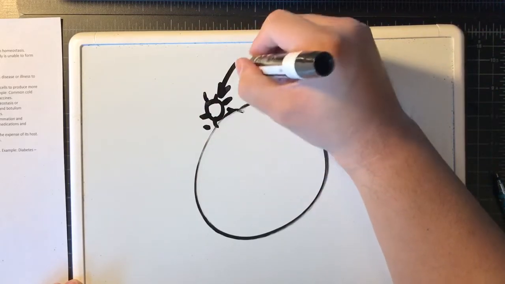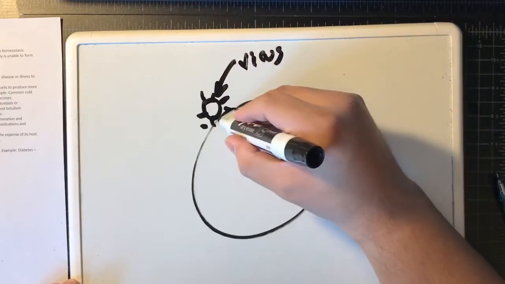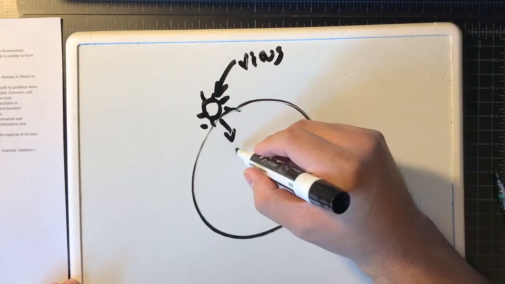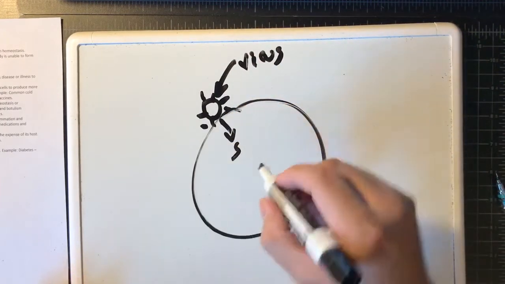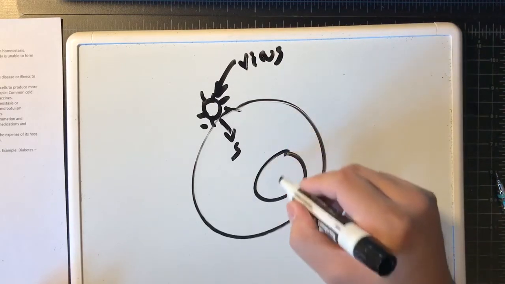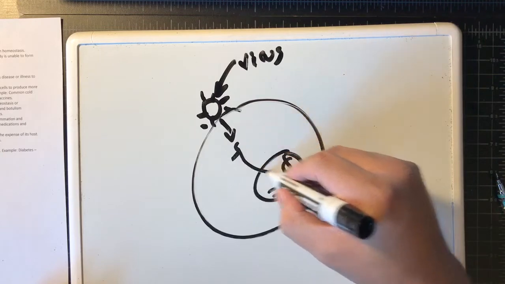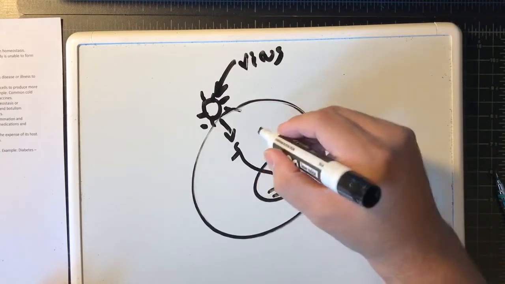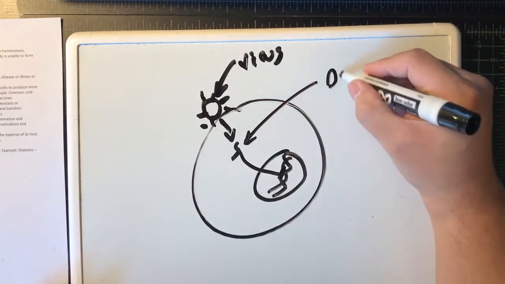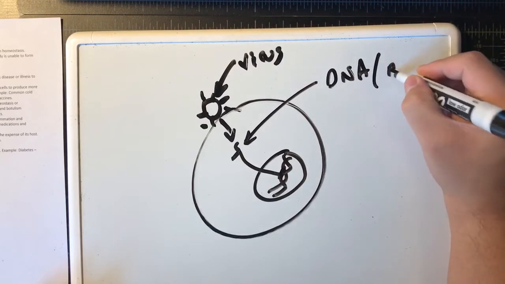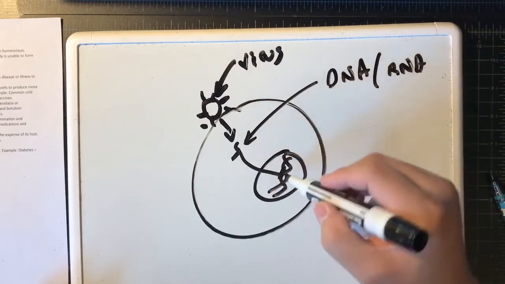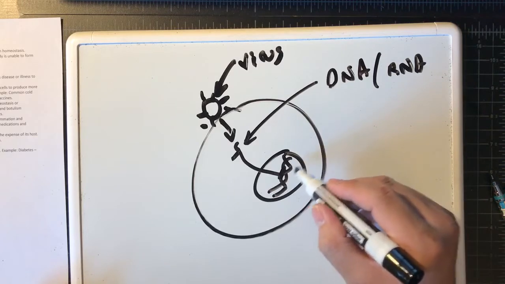Here's your virus. What happens is that it injects its genetic material into the cell, and if this is the nucleus and this is the DNA of the cell, this genetic material incorporates itself into the DNA of the host cell.